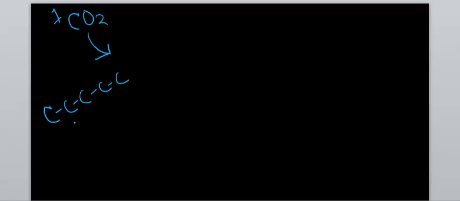It's known as RuBP. Stands for ribulose bisphosphate. You don't have to remember that, but it's a 5-carbon molecule.